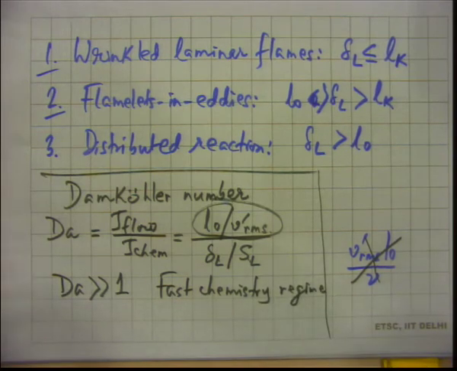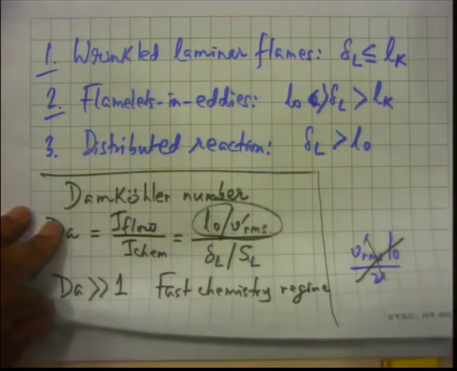If the Damkohler number is small, it is more like a slow chemistry regime, because in that case the chemical time scale is large compared to the flow time scale, and the Damkohler number turns out to be small. This is one thing we have to remember.